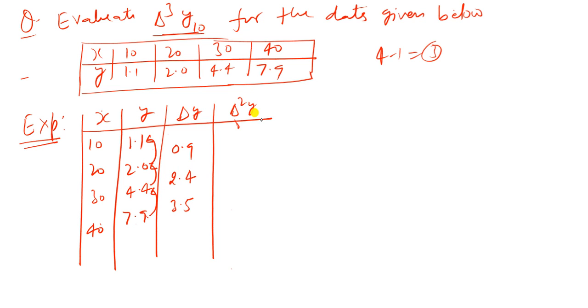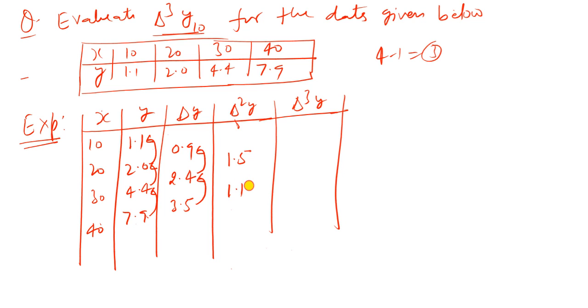Now the second order forward difference on y: 2.4 minus 0.9 is 1.5, 3.5 minus 2.4 is 1.1, and the third order forward difference on y: 1.1 minus 1.5 is negative 0.4.